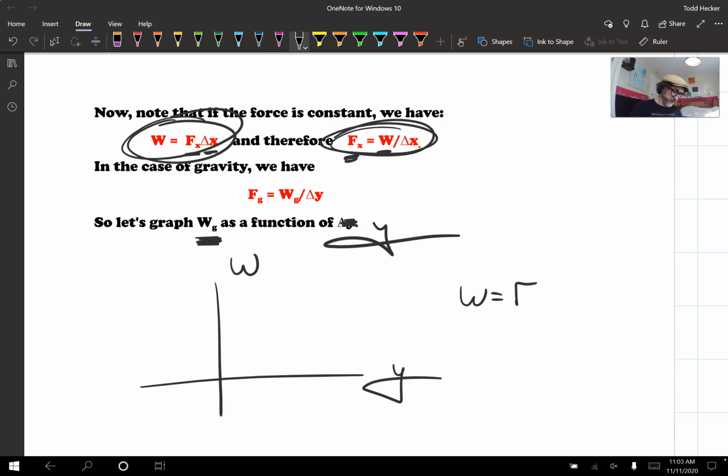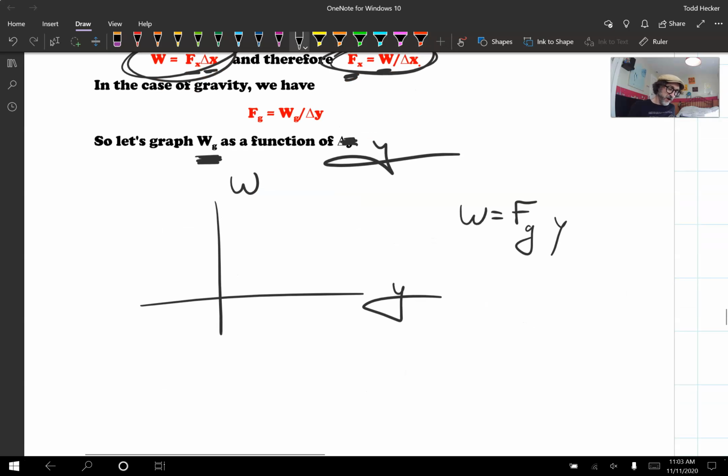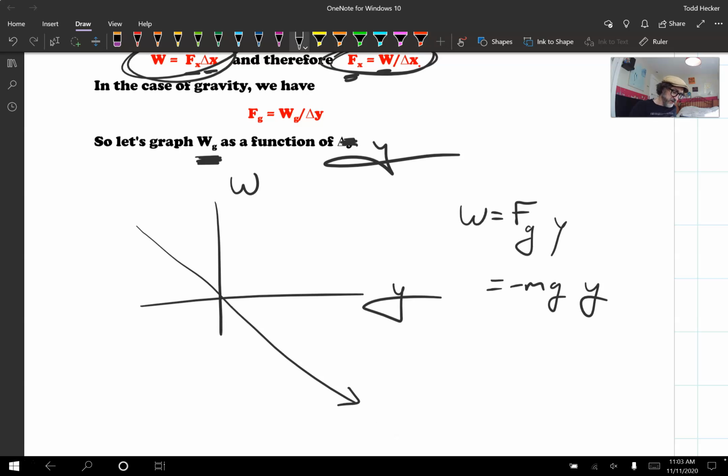Work is force of gravity times my change in vertical position, or times my vertical position. So my force of gravity is going to be negative mg. So this is negative mg times y. So here's what my graph is going to look like, right? And notice the slope of that thing is going to be negative mg. Okay?